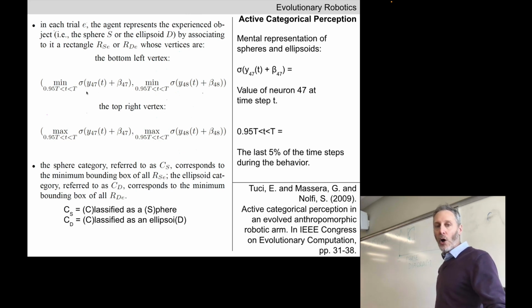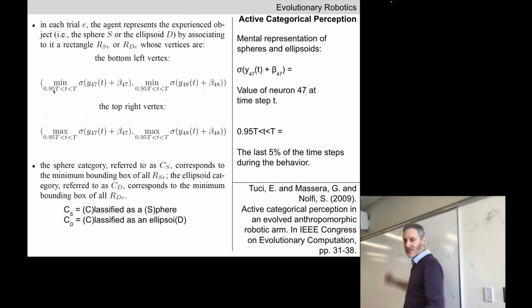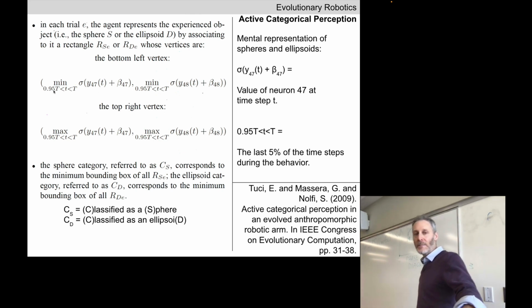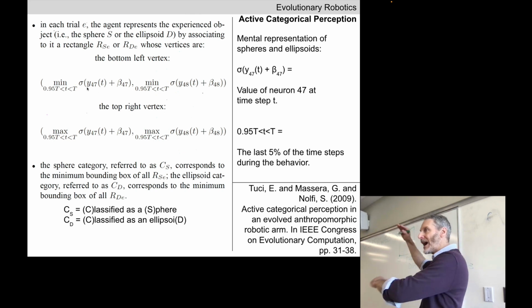They're going to look at all the values of the 47th neuron and take the minimum value among all those. And remember, we're pushing this through the activation function. The values coming from neuron 47 are going to lie between -1 and +1.